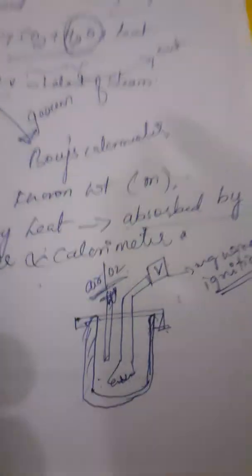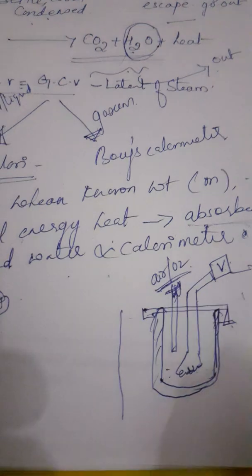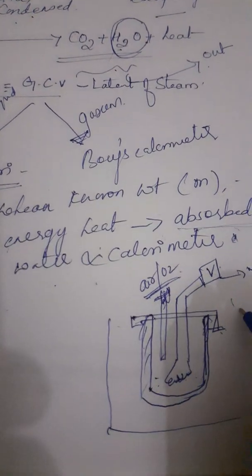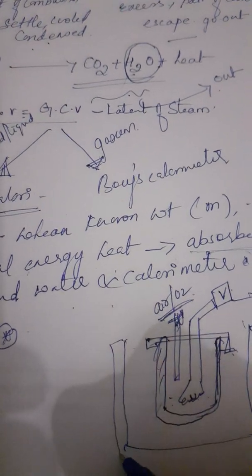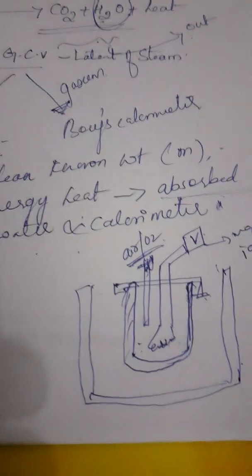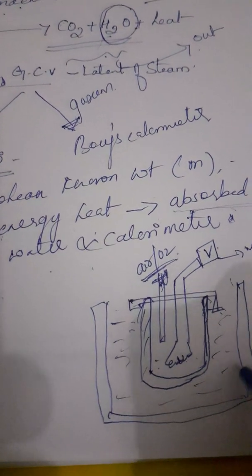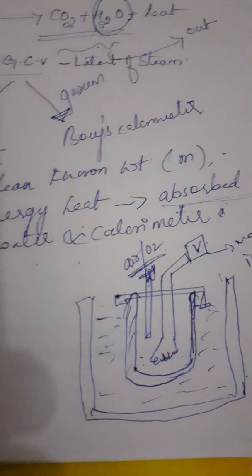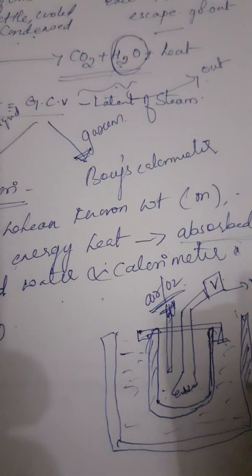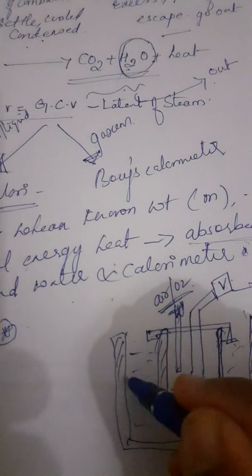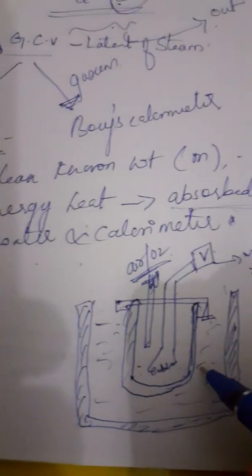Now this bomb is kept in a copper vessel. So this is the copper vessel. It contains a known weight of water. So the stainless steel bomb is dipped in a copper vessel containing a known weight of water.